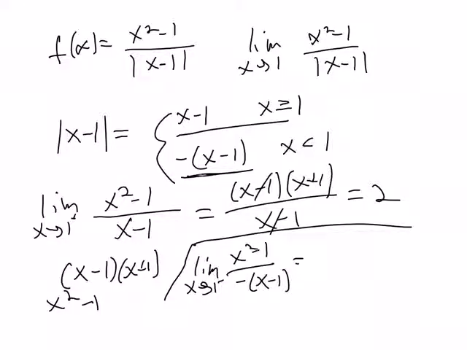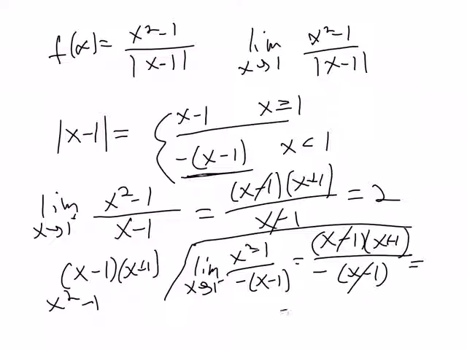So this is going to equal x minus 1, x plus 1 over negative x minus 1. These cancel, and I get negative x plus 1, or when we plug in the 1, negative 2. And because the limits are different as we approach from the left and the right, we claim that the limit doesn't exist.